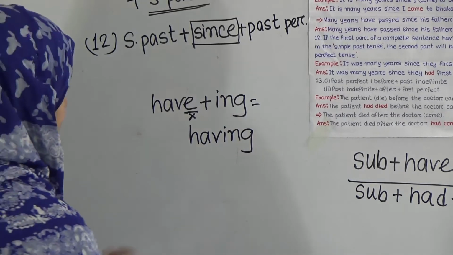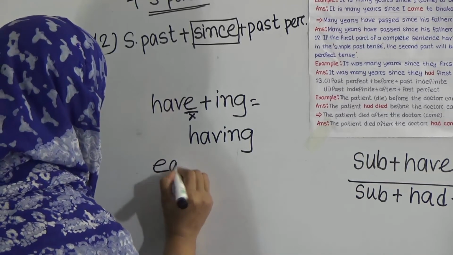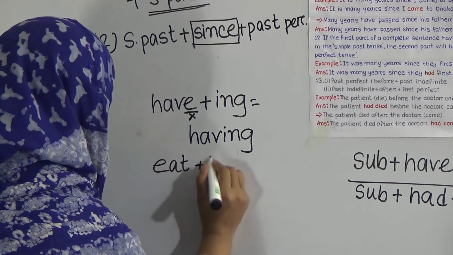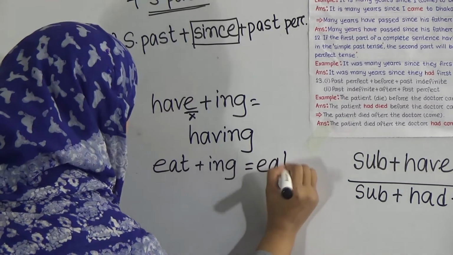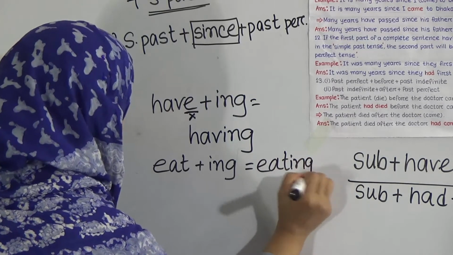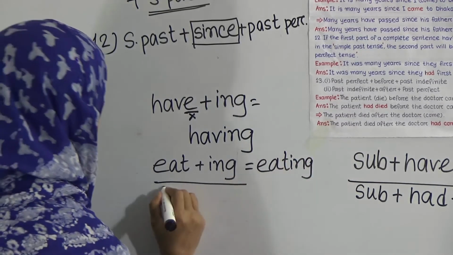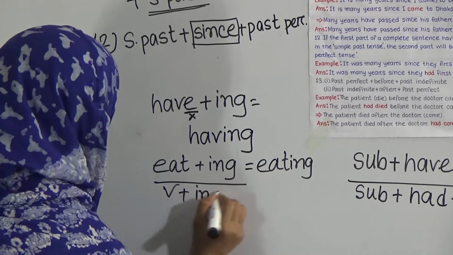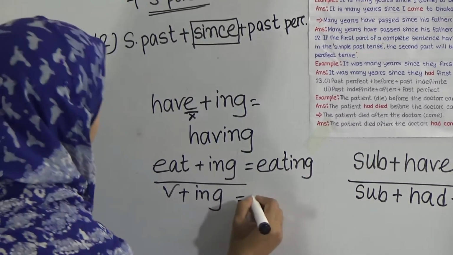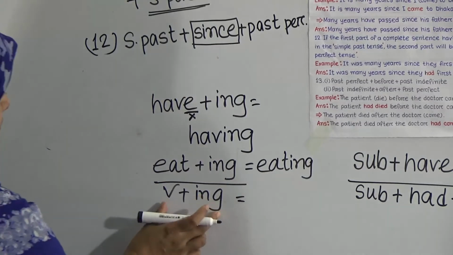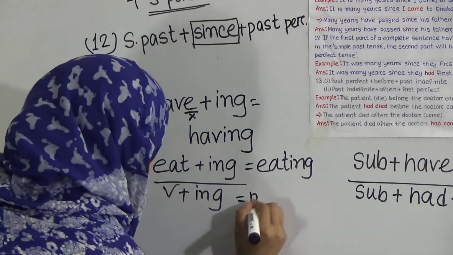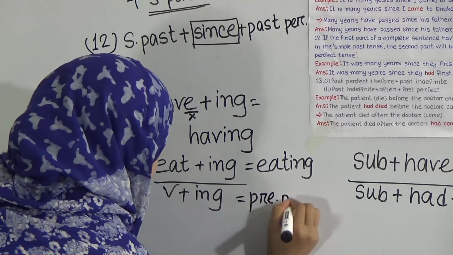And if we say eat plus ing, then it will be eating. When we add verb plus ing, it is called present participle.